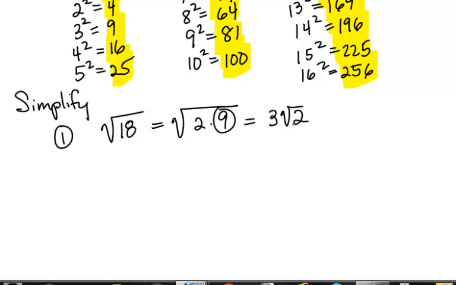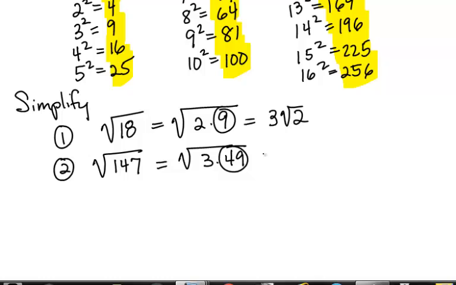Am I right? You've done these? Okay. Square root of 147. And you may have to try, a little bit of trial and error. Okay, but on this one, it's 3 and 49. Square root of 49 is a 7. 7 radical 3.